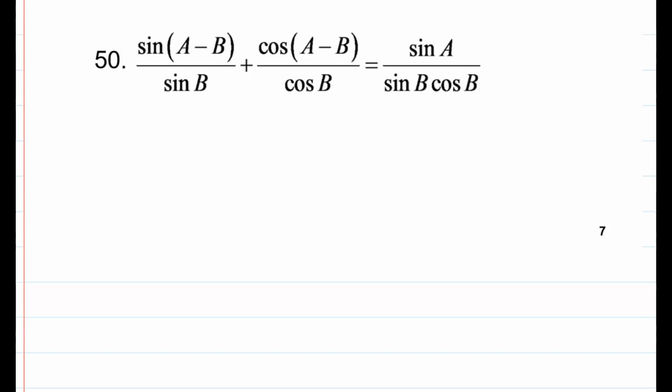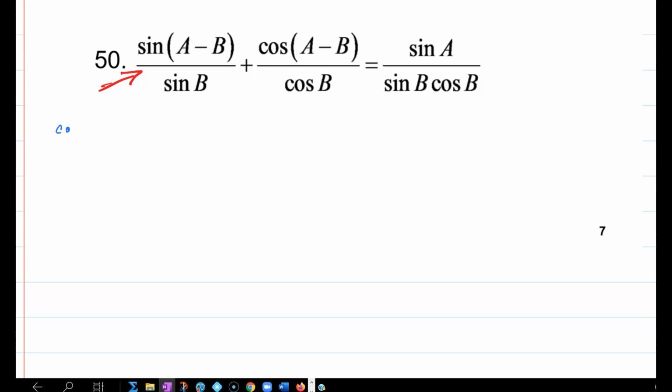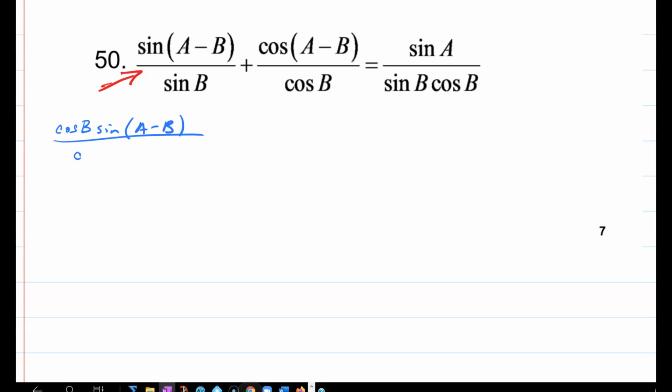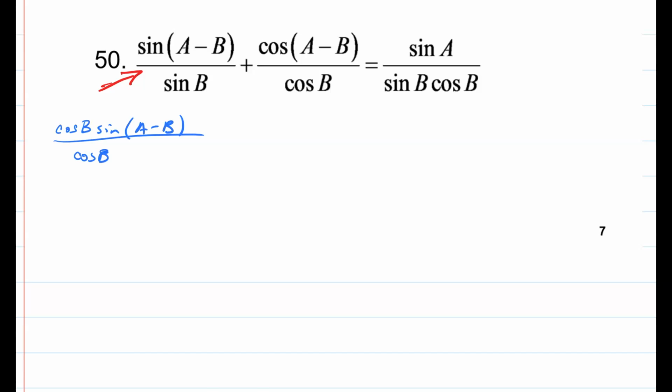We'll need to use the sum and difference, well in this case the difference identities for sine and cosine in another step. So first of all, we'll multiply the first fraction here by cosine of b over cosine of b, and we'll get cosine of b sine of a minus b over cosine of b sine of b.